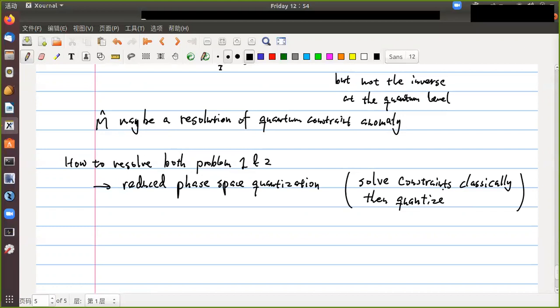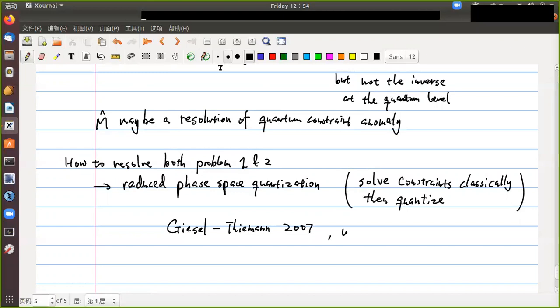And it is probably the best procedure for loop quantum gravity nowadays. This reduced phase-space quantization was invented by Kristina Giesel and Thomas Thiemann in 2007.